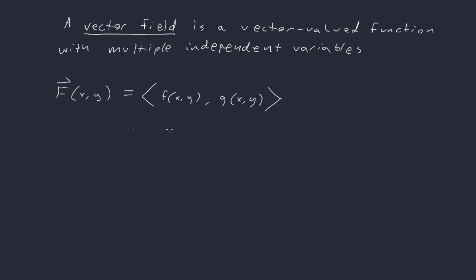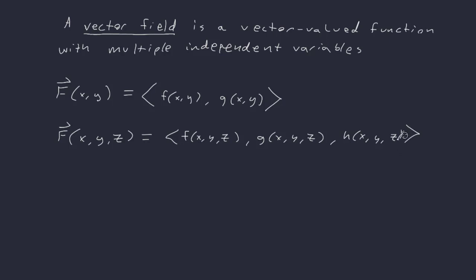So it's essentially a vector valued function that instead of the functions being in terms of t, they're in terms of x and y. And this is kind of tough to wrap our heads around. We can also have a three-dimensional version, where F of x, y, z is a vector valued function: little f of x, y, z, little g of x, y, z, and little h of x, y, z.